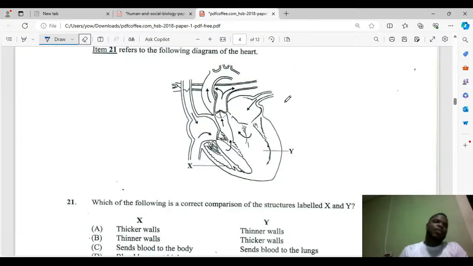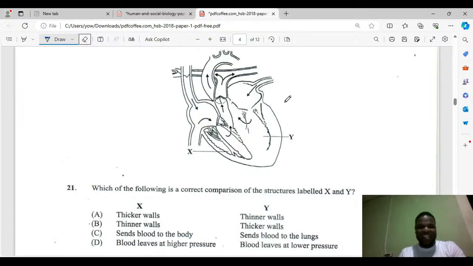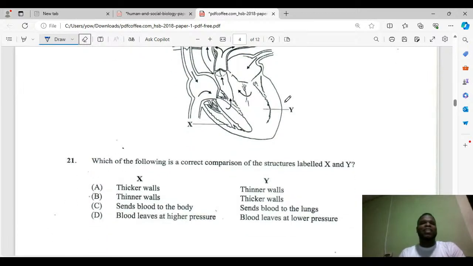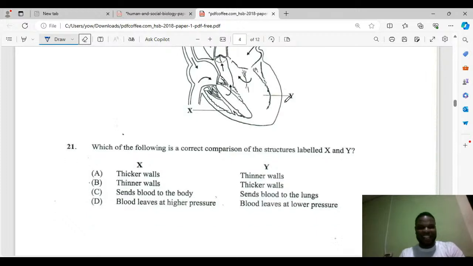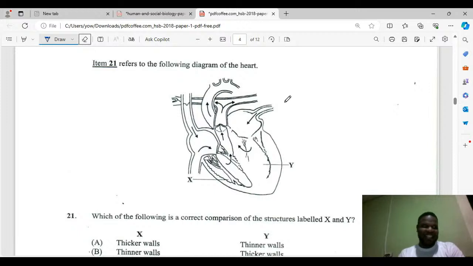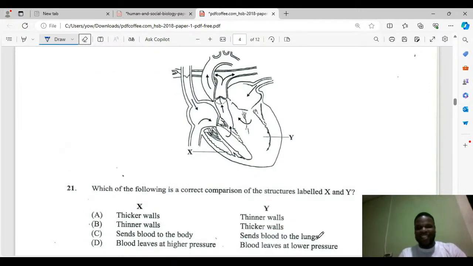Next. 21 refers to the following diagram of the heart. Which of the following is the correct comparison of the structures labeled X and Y? So X is left, Y is right.